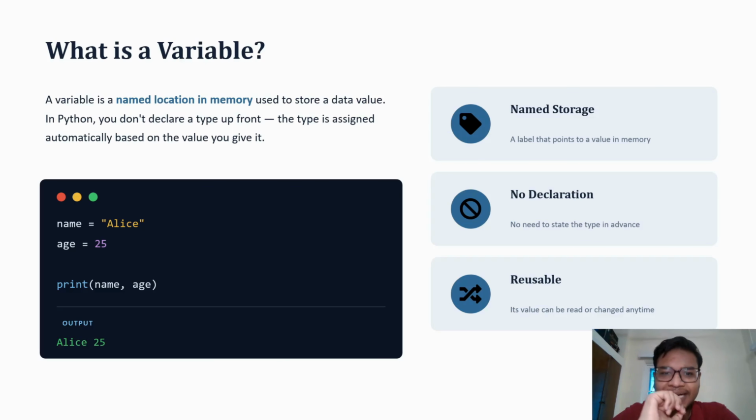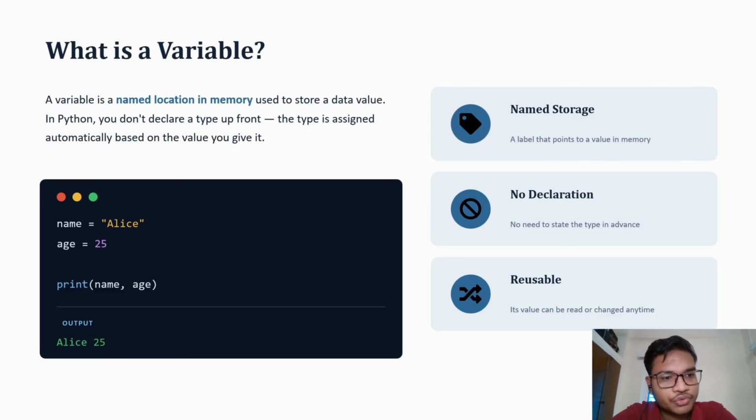The type is assigned automatically based on the value you give it. Like name storage, a label that points to a value in memory, that's the name storage, no declaration, and reusable. What do you mean by reusable? Reusable means you can reuse that variable name again and again in that code.